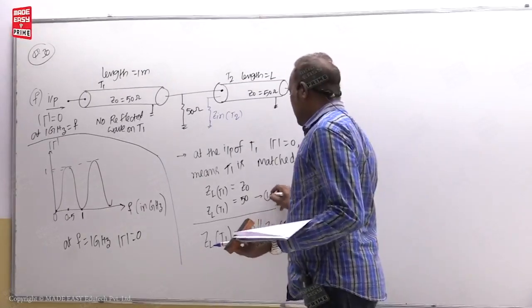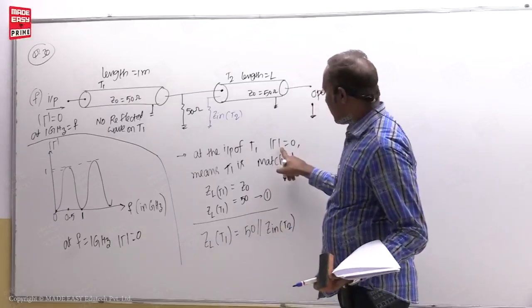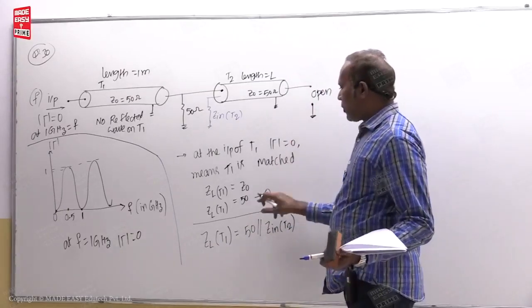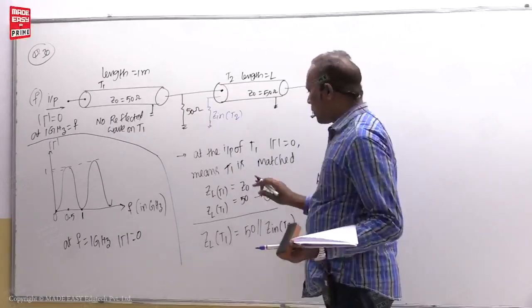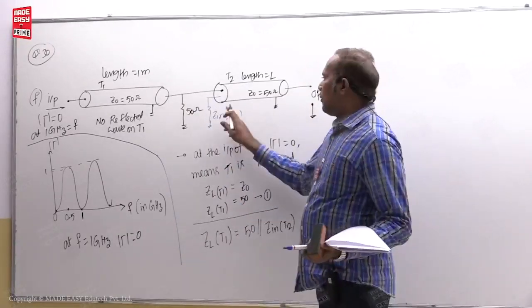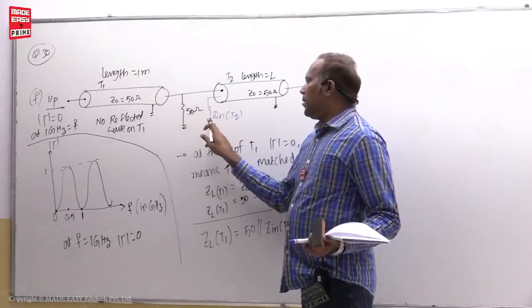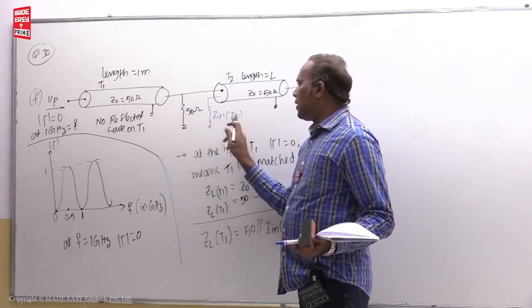So let us call this an equation. How did you get this? From the gamma 0 information you got ZL of T1, the load impedance of T1, should be equal to 50. Now you know this is 50, and you know this is Zin of T2.